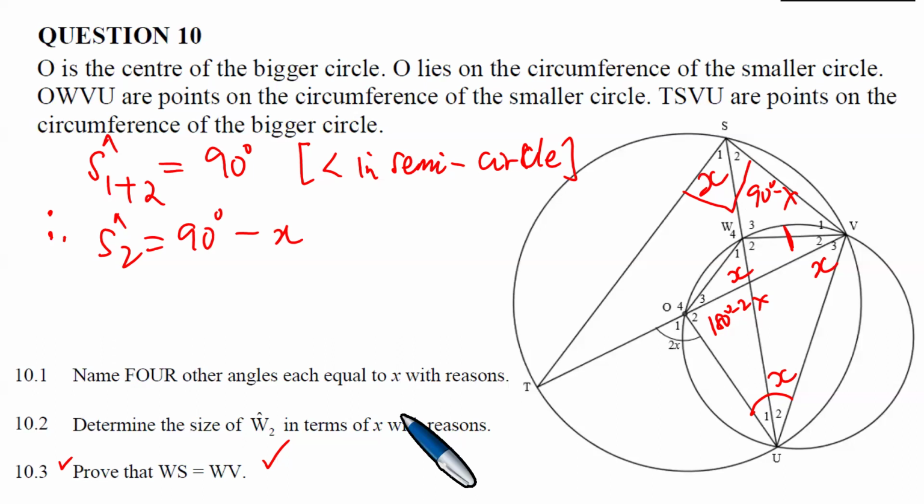Then, since we have the value of W2, I did my algebra and I concluded that V2 is 90 degrees minus X. And V2 and V1 and S2 are equal. So if they are angles opposite equal sides, hence proving that SW is equal to VW.